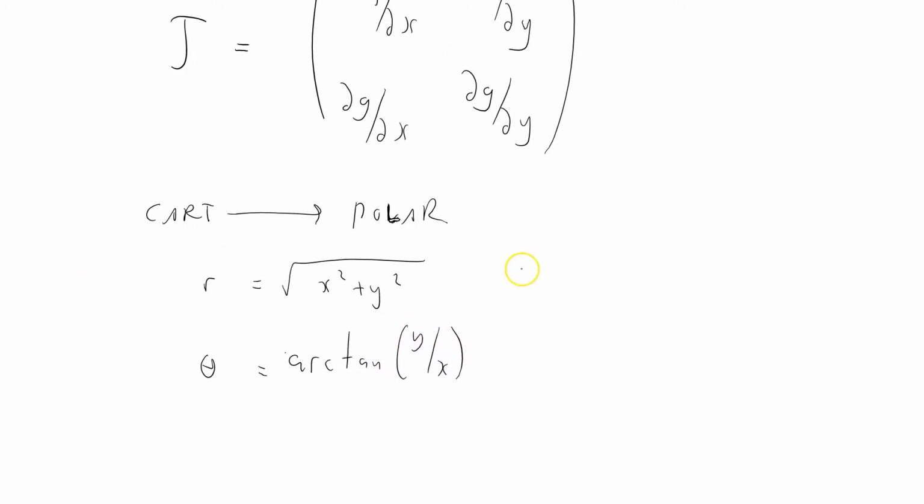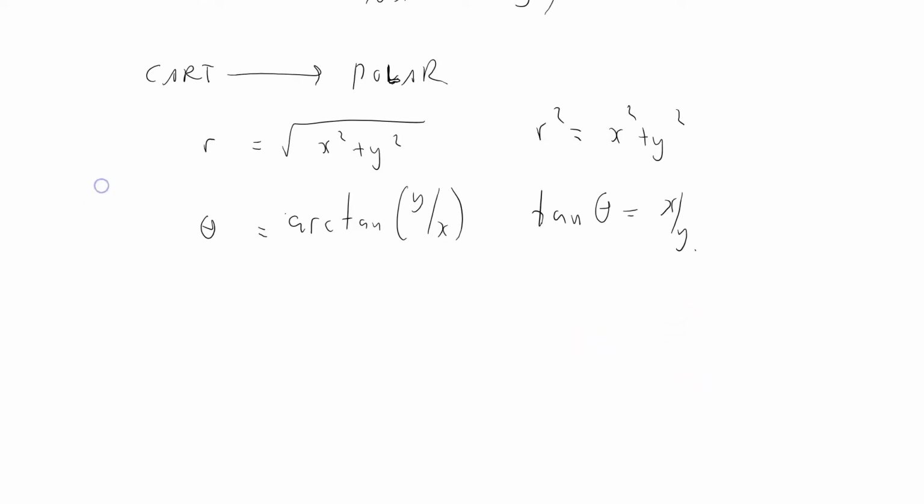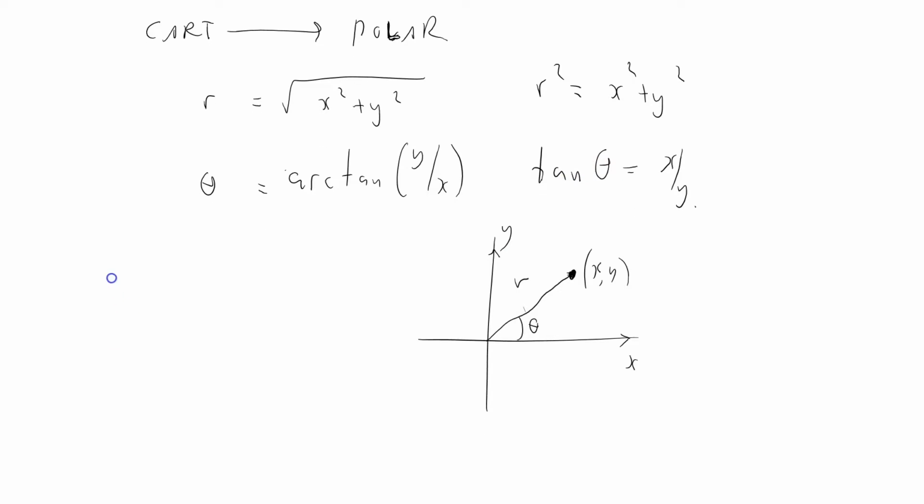So what I really mean is that r squared equals x squared plus y squared, and of course tan theta equals y over x. It doesn't hurt to draw a little diagram: there's my little point x, y, at distance r, with angle theta. x, y is defined in terms of polar coordinates r and theta with these relationships.